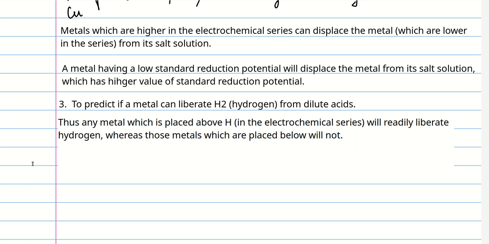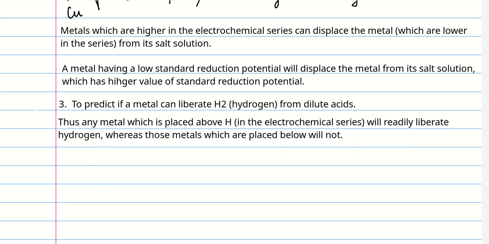So let's take, we just saw that zinc has a standard reduction potential of minus 0.73 or something, and we know that hydrogen standard reduction potential is 0.